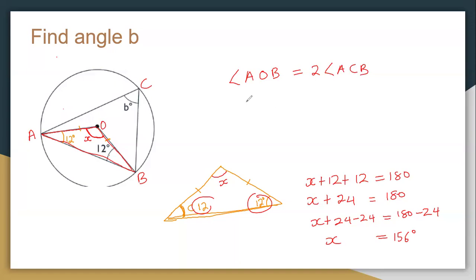Then our angle AOB is 156, which is equal to twice angle ACB. And we divide both sides by 2. 156 divided by 2, that's 78. It's equal to angle ACB. So our angle B is equal to 78 degrees.